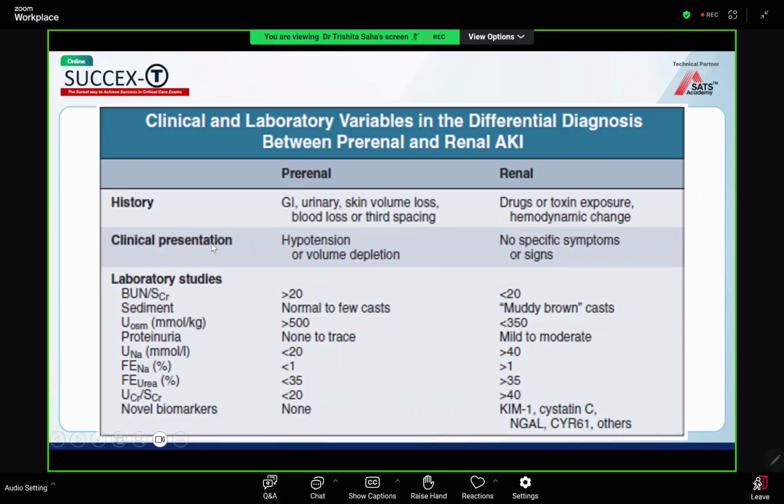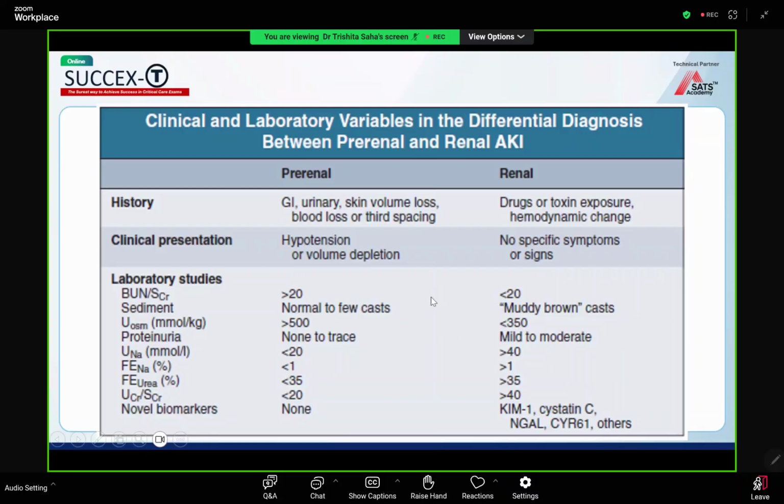In clinical presentation, there might be presence of hypotension or volume depletion in case of pre-renal AKI. And in ICUs, we get a lot of cases of GI loss, which may be associated with acute gastroenteritis cases. Diarrheal cause is one of the most common causes of AKI in ICU. No specific symptoms or signs in renal AKI.